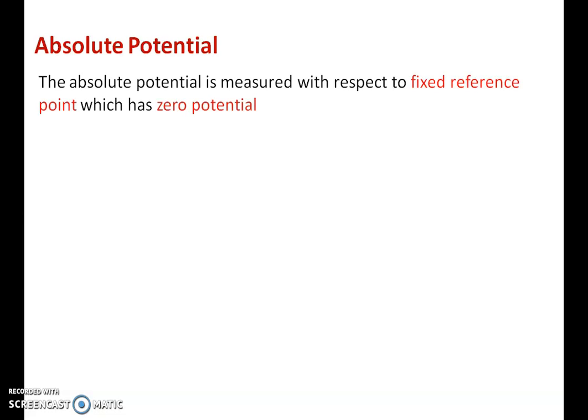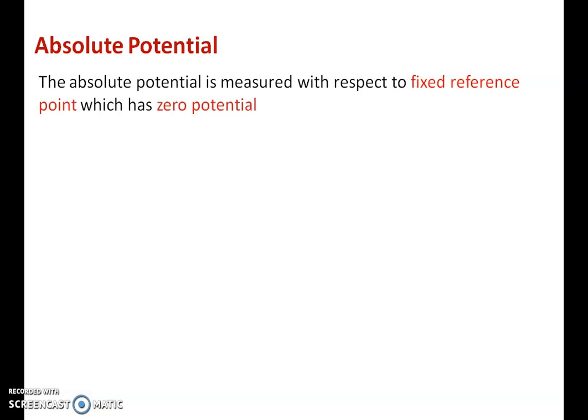So the potential which is measured with respect to a specified reference point is termed as absolute potential. If the potential is measured from a particular specified reference point, it is known as absolute potential. The absolute potential is measured with respect to a fixed reference point.